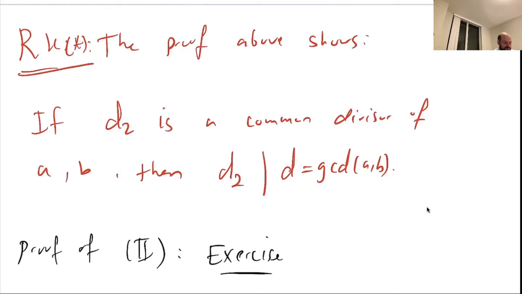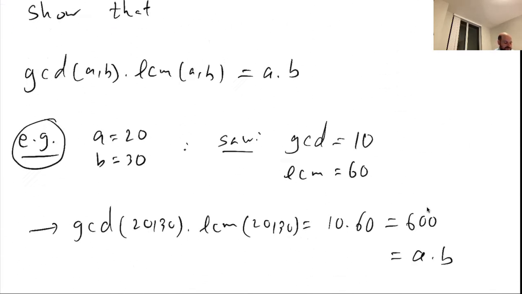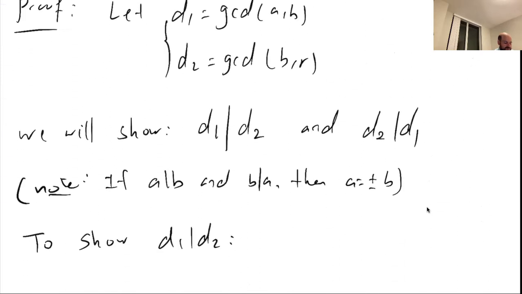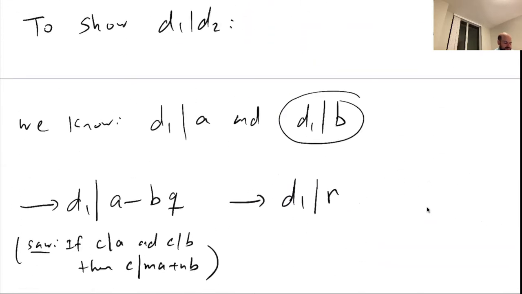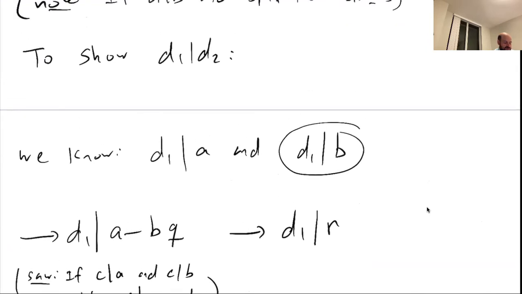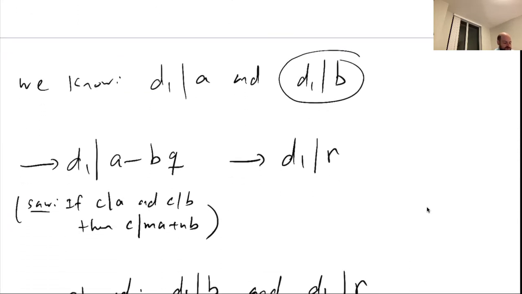If you have a common divisor of two numbers, the common divisor always divides the GCD, the greatest common divisor, of those two numbers. Here, what do I have? Here I have a number D1, which is a common divisor for, originally it was the greatest common divisor of A and B. But that implied that D1 is a common divisor of B and R. Why? Because R was A minus BQ.